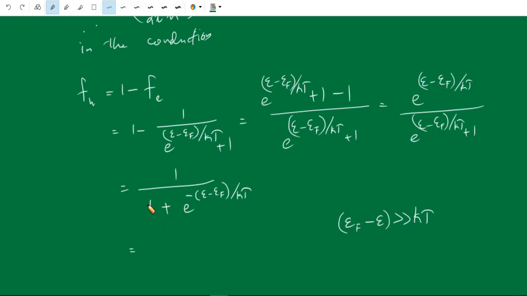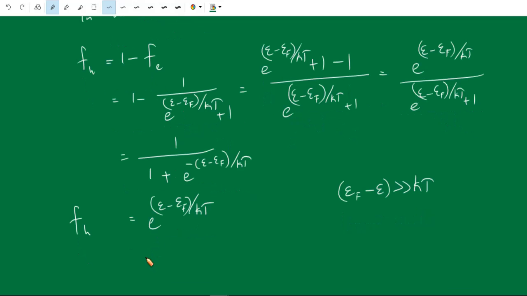Therefore this 1 can be neglected, so 1 divided by e raised to minus (E minus EF) by kT is equal to e raised to (E minus EF) divided by kT. So this is the whole probability. So the probability of a hole present in the valence band is given by e raised to (E minus EF) by kT.